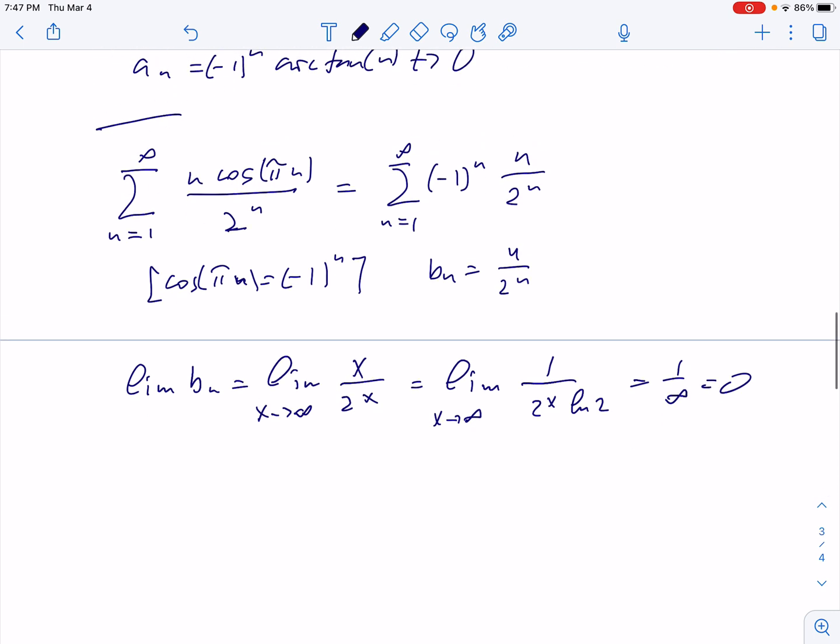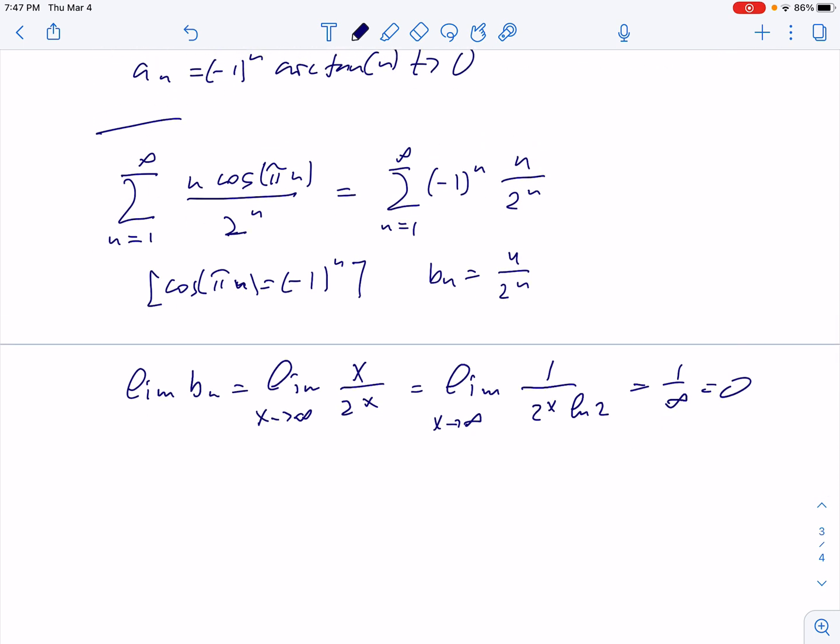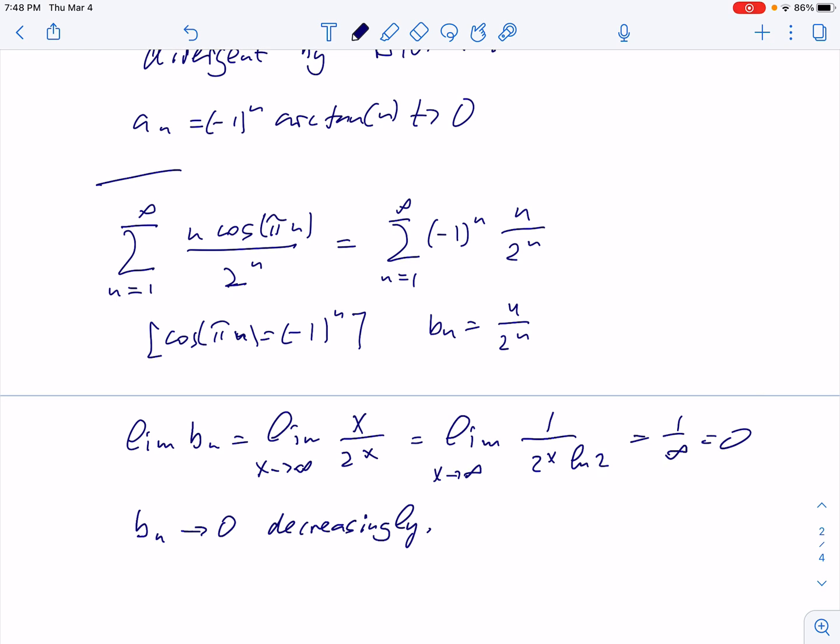So again, we can apply the test. It's approaching 0 decreasingly. We're not checking this. Trust me, it decreases really. You can take the derivative and carefully verify this.